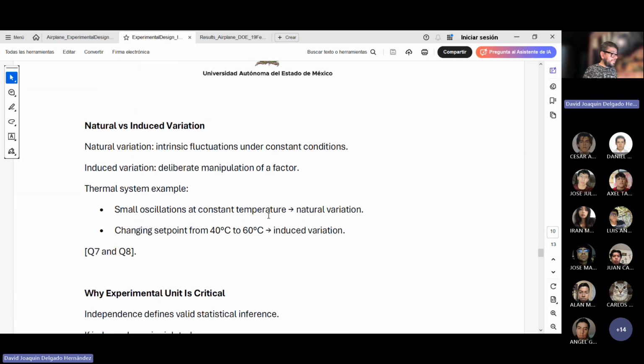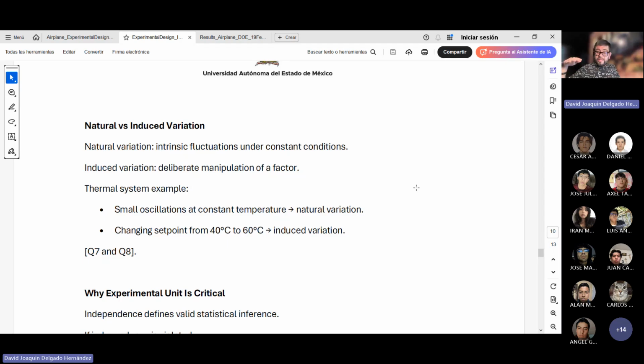And finally, we have different kinds of variation. One is the natural, for instance, in my case, I can have a very small current of wind, right, air at some point when I am throwing one airplane.